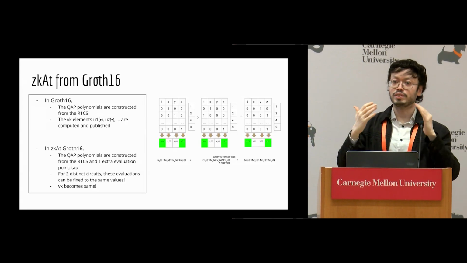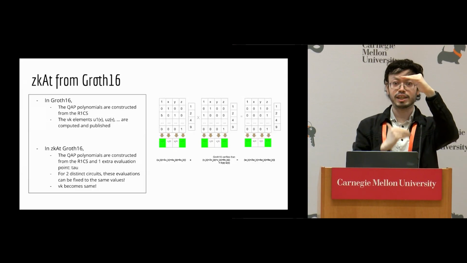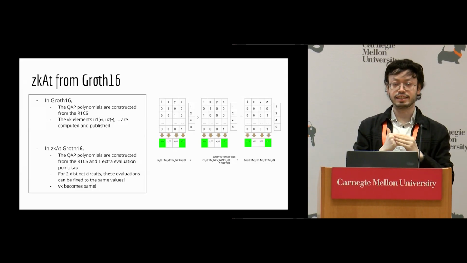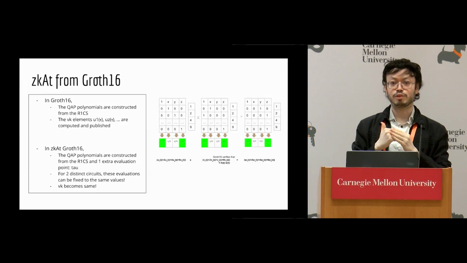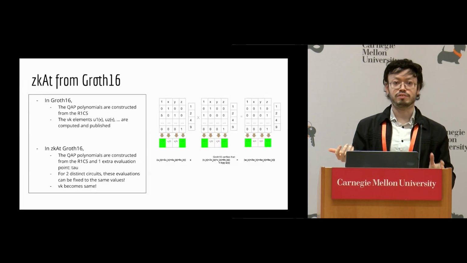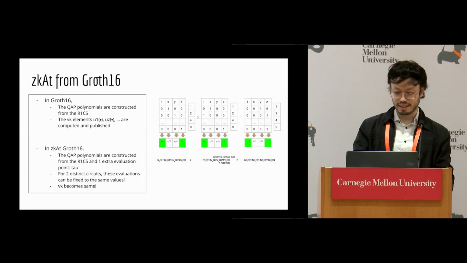So essentially what we did is just went to a dimension which is 1 higher, planted a secret, and made the verification key exactly same for whatever circuit we are given. So that's essentially the trick, which makes the verification key exactly the same, whatever circuit you are given.